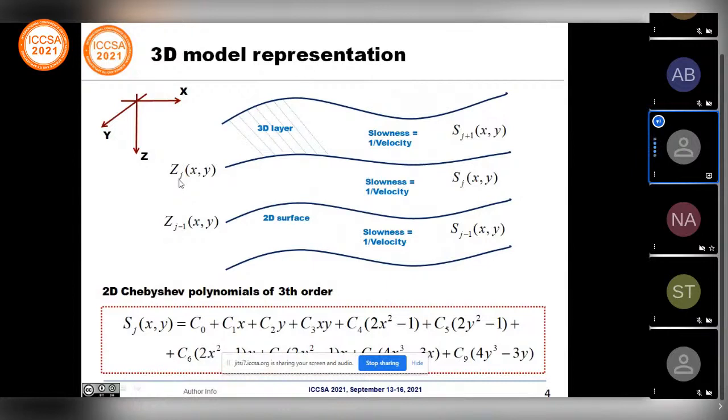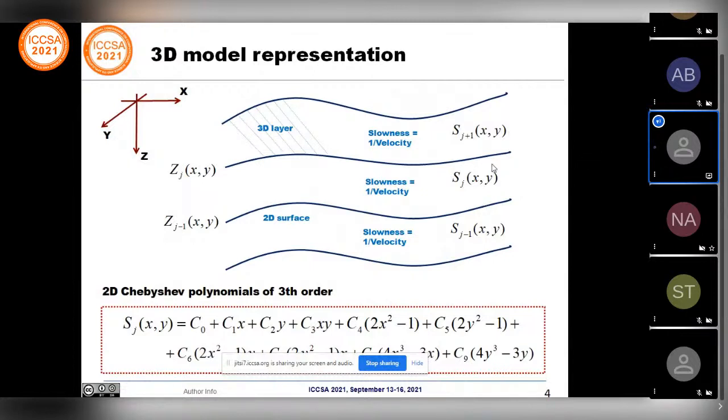We assume that a 3D model of the medium is represented as a set of layers separated by non-planar surfaces. In each layer, a function of slowness, the reciprocal of seismic velocity, is specified. It is marked by S. Slowness in each layer depends on two lateral coordinates, x and y, but does not depend on depth z.